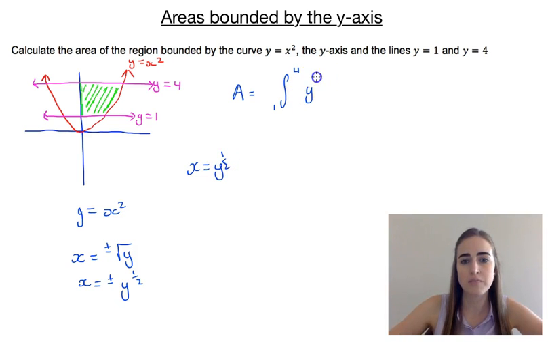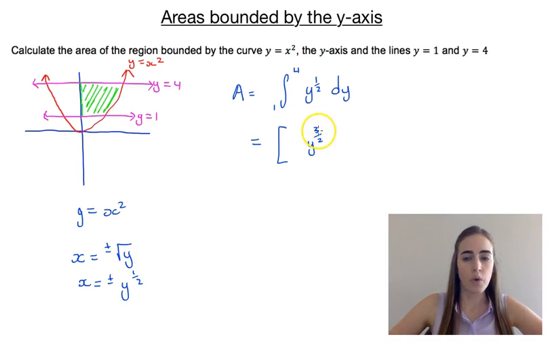So we're going to have y to the power of a half, and we're going to integrate that with respect to y. When we do that, we're going to increase that power, so y to the power of 3 over 2, and we want to divide by that new power. Dividing by 3 over 2 is going to get messy, so instead I'm going to multiply by the reciprocal.